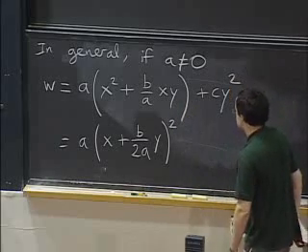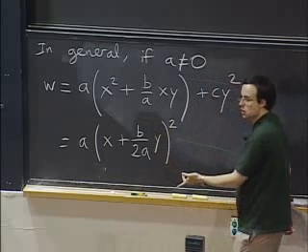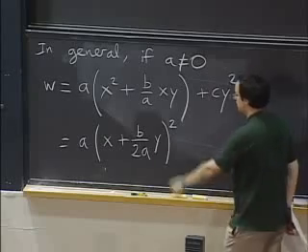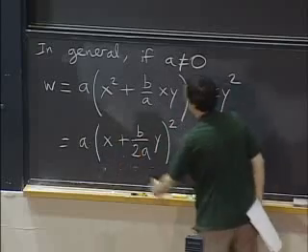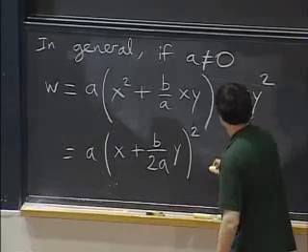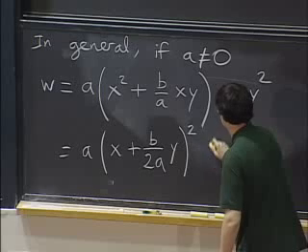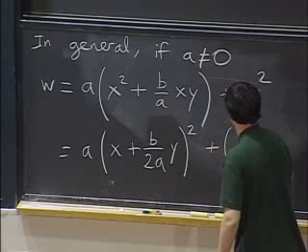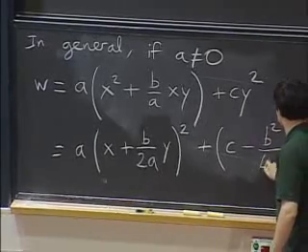Of course, now I also get some y squared terms out of this. How many y squared do I get? Well, I get b squared over 4a squared times a, so I get b squared over 4a y squared. And I want, in fact, c times y squared. So the number of y squared that I should add is c minus b squared over 4a.